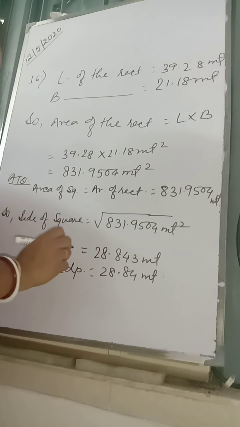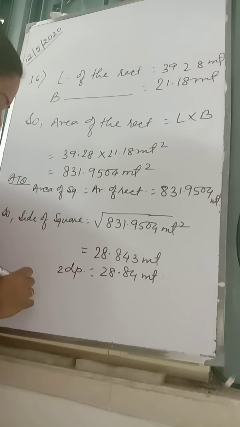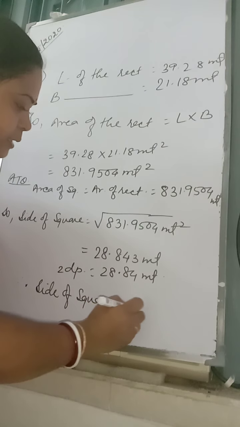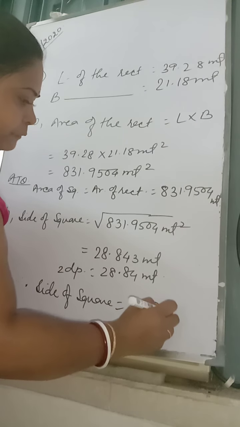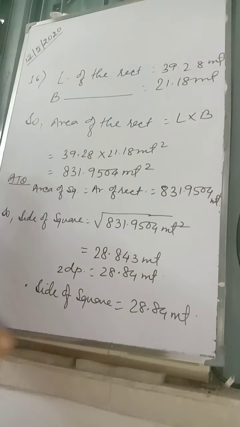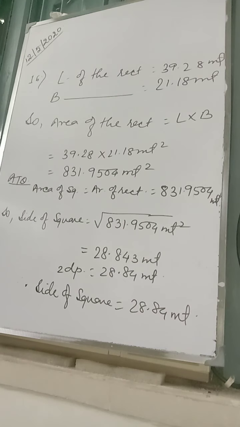I found it. So the side of a square is 28.84 meters. Because already you know how to find the square root, it's nothing new. So all the sums we have found the square roots, and this I have already done. If you want, you can check it.